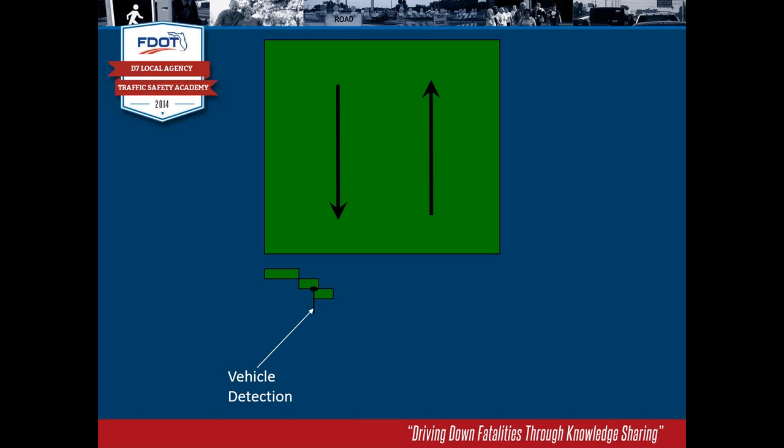Then every time a vehicle is detected, it starts back at 3. So it's counting down 3, 2, and then goes back and resets to 3, and starts counting down again. As another vehicle gets detected, it again goes back and starts at 3. So as vehicles get detected, it's counting down 3, 2, 3, 2, 1, 3, 2, and so forth, as it just keeps adding 3 more seconds after a vehicle runs over the detector and gets detected.